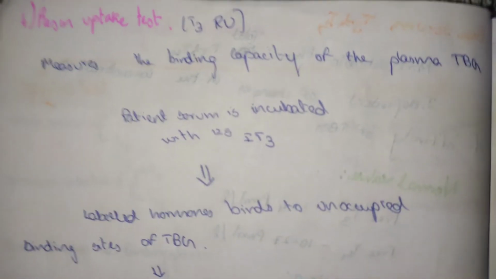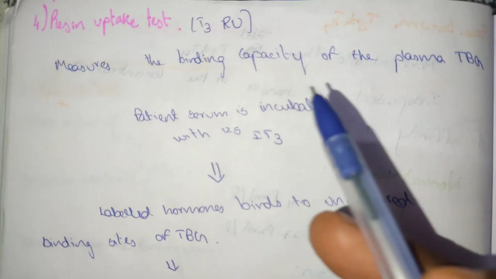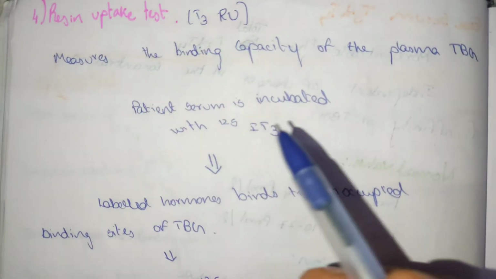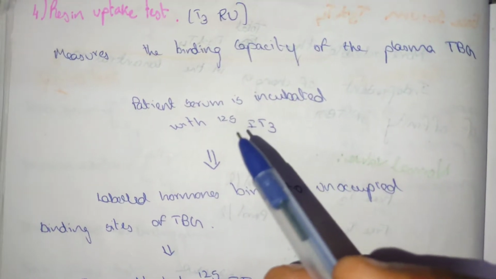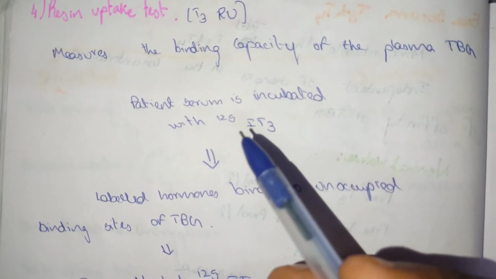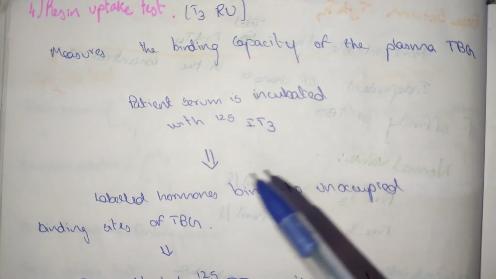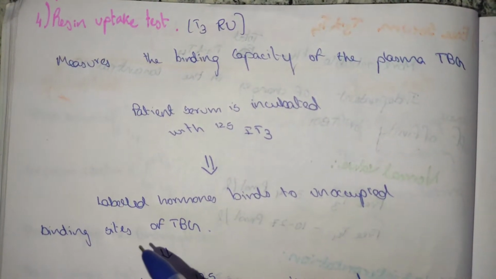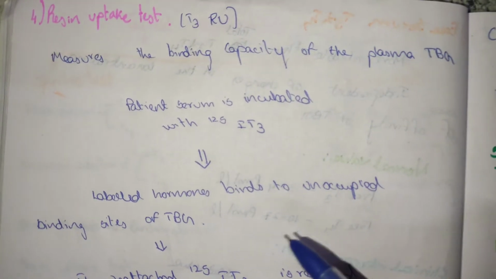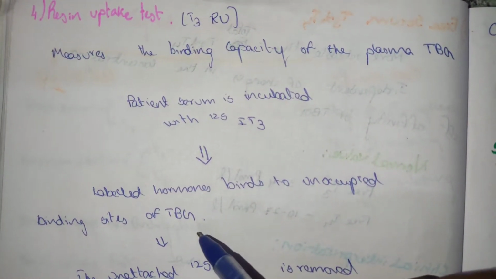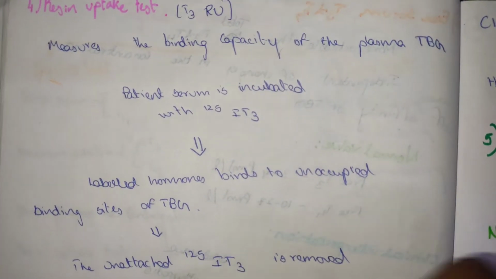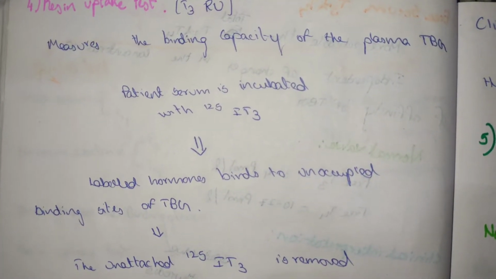The fourth test, which is in vitro, measures the binding capacity of the plasma TBG. The patient serum is incubated with I-125 labeled T3 hormone, which binds to unoccupied binding sites of thyroxine binding globulin. The unattached iodine is removed by solid adsorbent or antibody.